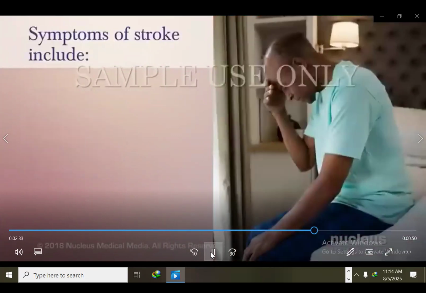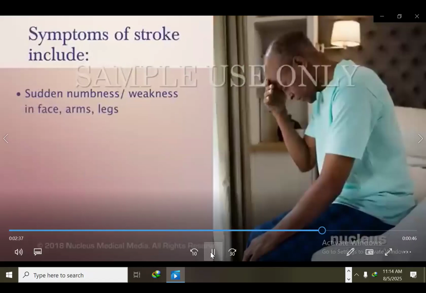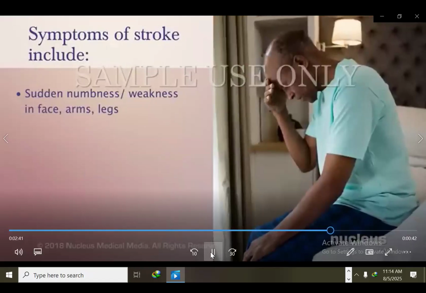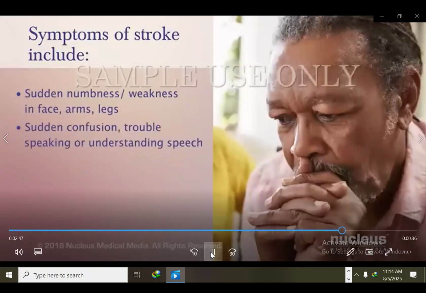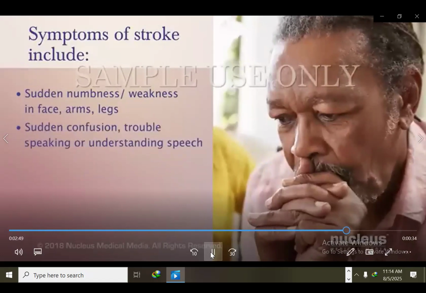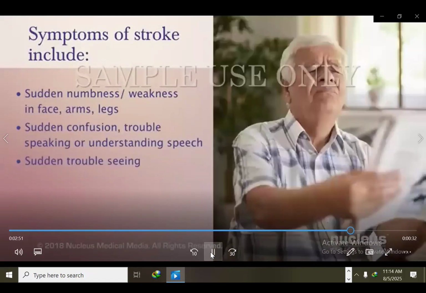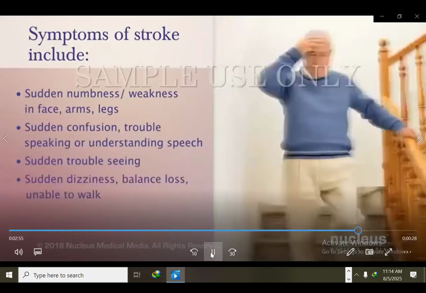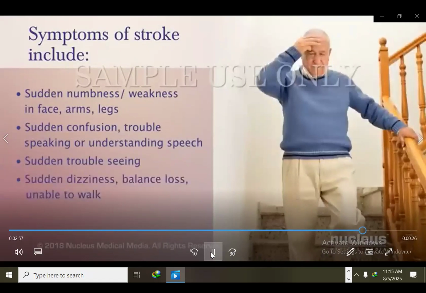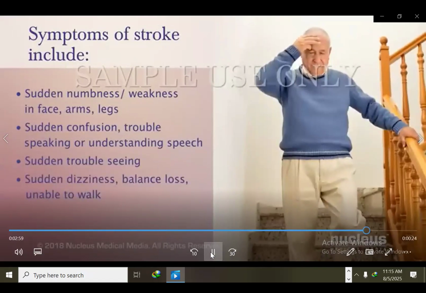It's important to know these signs and symptoms of a stroke. A sudden numbness or weakness in your face, arms, and legs, especially if it's on one side of your body. Sudden confusion and trouble speaking, or being unable to understand others speaking. Sudden trouble seeing out of one or both eyes. Sudden dizziness, loss of balance, or being unable to walk.